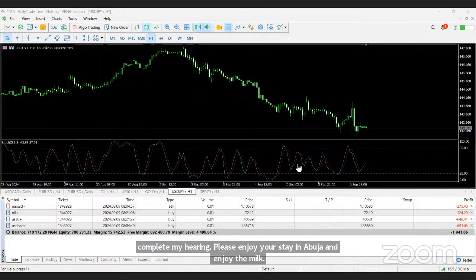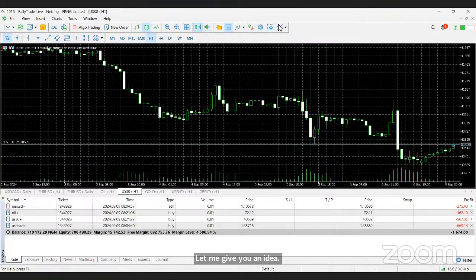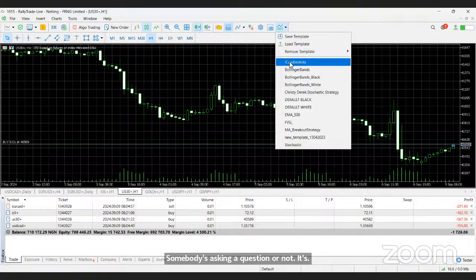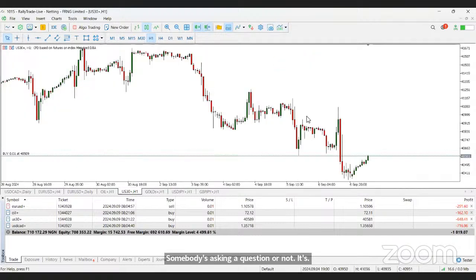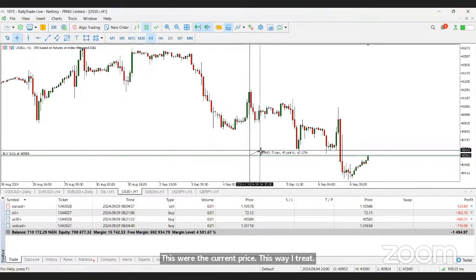How to calculate pips in US30? Just use your crosshair or just pick a number next. Let me give you an idea. Somebody's asking a question on how to calculate pips on US30. So if I go to a clean screen like this one, and I want to pick take profit. For example, this is where the current price is, this is where I enter my trade. So if I move like this, I'll move 5 bars, 49 points.